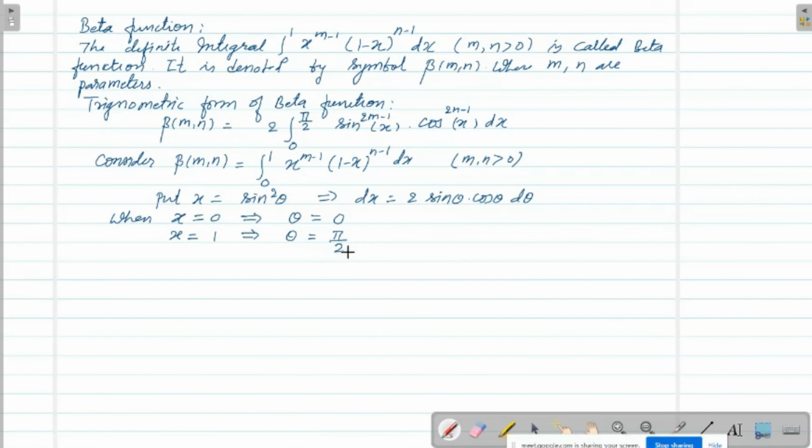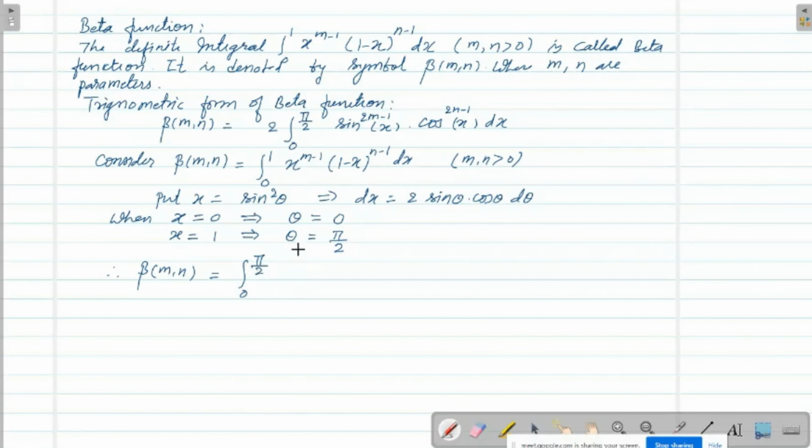Now substituting all these values here. Therefore, beta of mn equals, just substitute all the values. The limit changes from 0 to 1 to 0 to pi by 2.